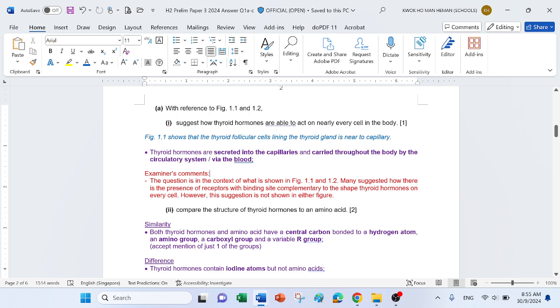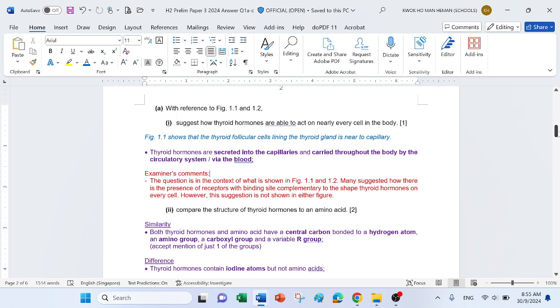So this should therefore be the reason, according to figure 1.1, how the thyroid hormones are able to be transported to all cells in the body and then act on all cells in the body, restricted to the information given in figure 1.1 and 1.2.